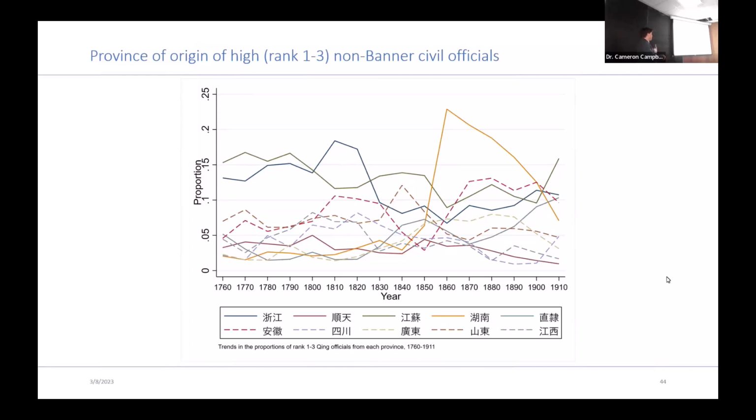There was a famous official named Zeng Guofan who led the Hunan army, the Xiangjun, in the suppression of the Taiping Rebellion, and he later became an extremely prominent official. All these people from Hunan rode his coattails, and this Hunan faction dominated the central government for several decades and then slowly faded.